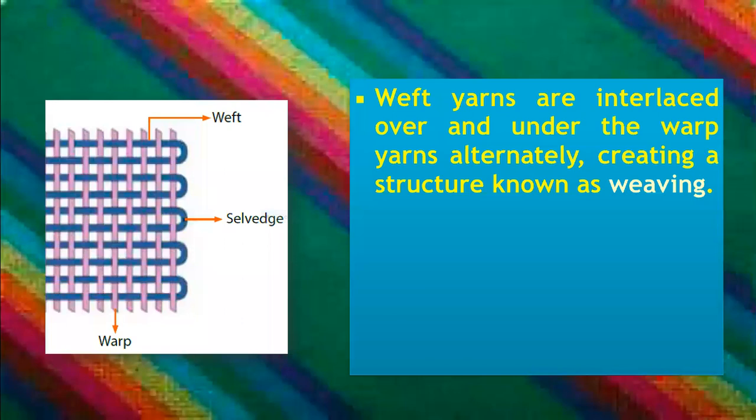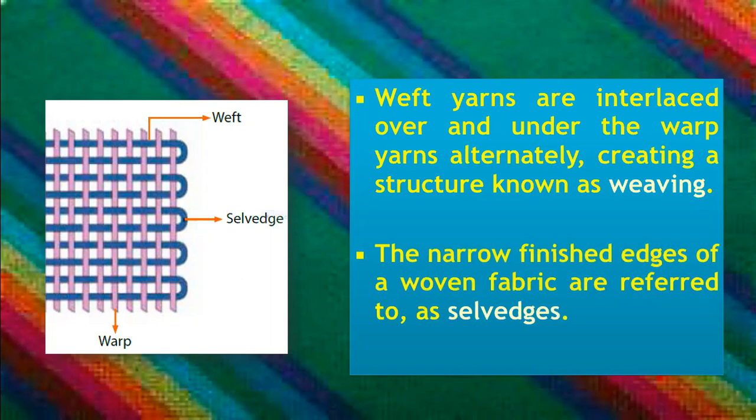Weft yarns are interlaced over and under the warp yarns alternately, creating a structure known as weaving. The narrow finished edges of a woven fabric are referred to as selvages.